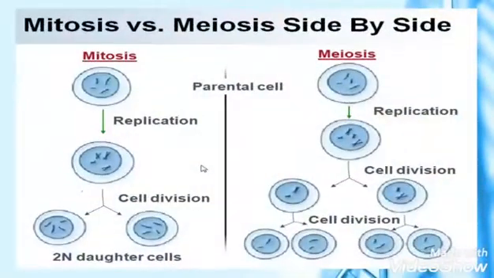The photo shows the difference between mitosis and meiosis. From the parental cell, there is replication, cell division, and after cell division in mitosis, you produce two identical daughter cells, while in meiosis you form four daughter cells which are unidentical to each other.